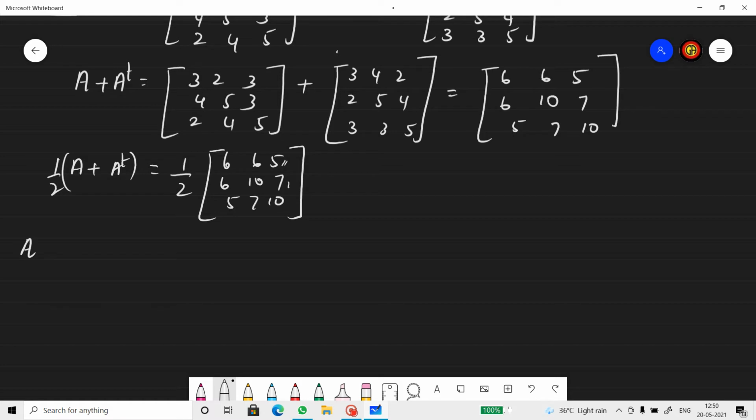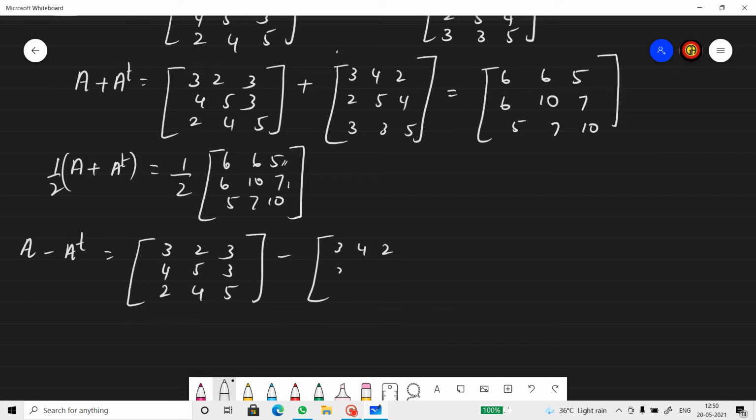Now let's do A minus A transpose, which is 3 2 3, 4 5 3, 2 4 5 minus its transpose, which is 3 4 2, 2 5 4, 3 3 5. And we have to name this as B. Look, I forgot that. Name this as B.